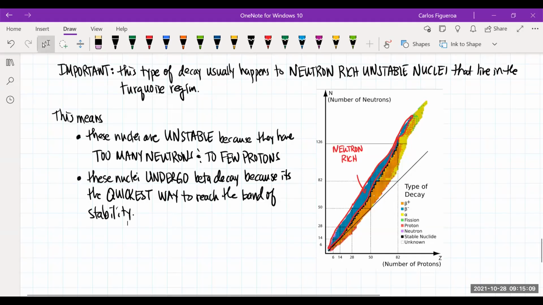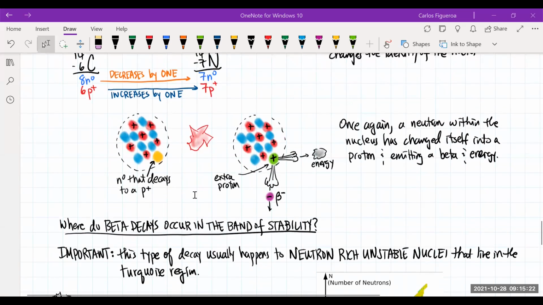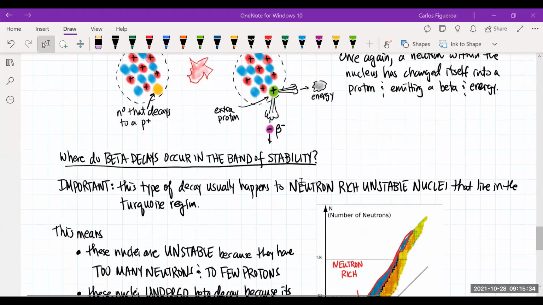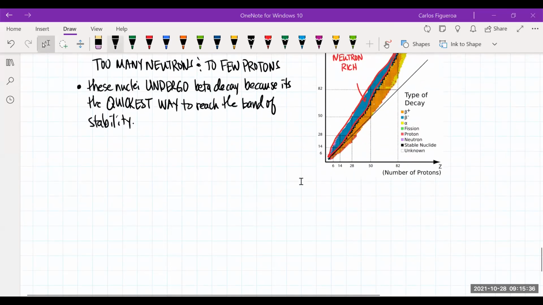So let's go look at it so that we can see what I mean here. If you look at our decay that we were talking about, what decay? We were talking about this decay, right? So let's bring this decay back down again. We were looking at our beta decay, so let's go back to our example.